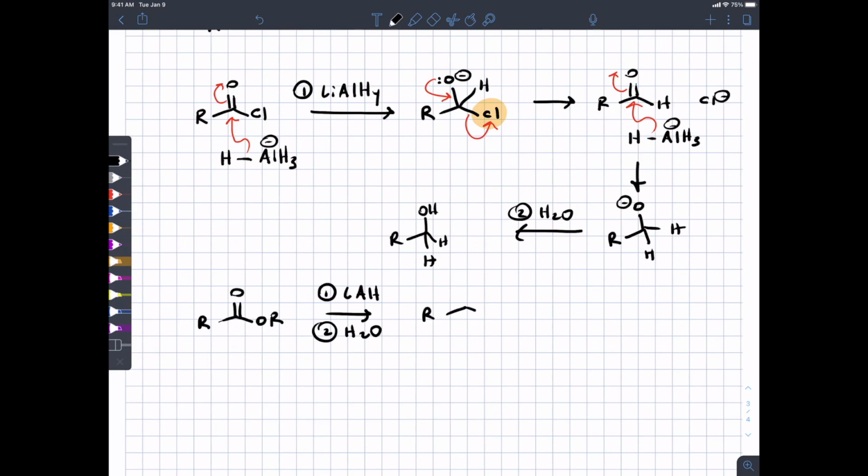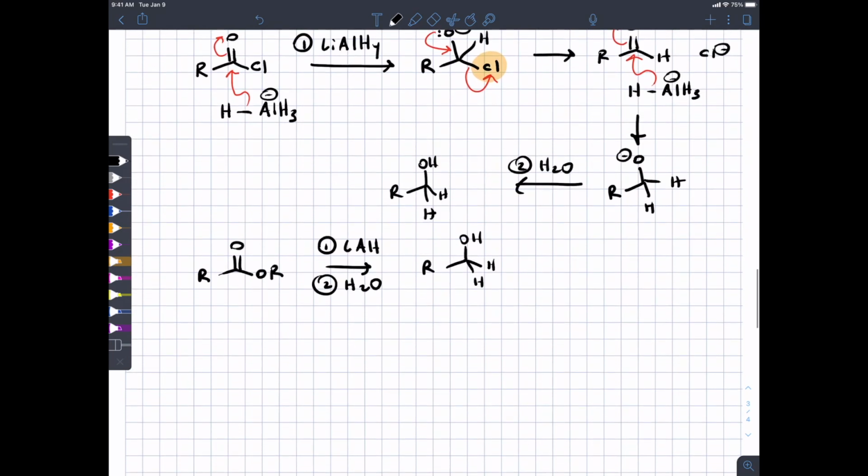I will also reduce the ester all the way to the alcohol via the same kind of mechanism, which I won't draw for you other than to show you the tetrahedral intermediate where the hydride has been delivered. The negatively charged oxygen here is perfectly fine, kicking off another negatively charged oxygen.